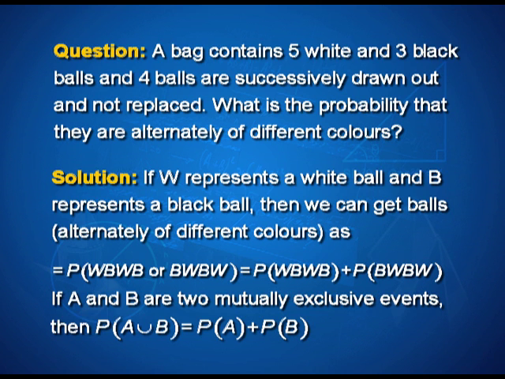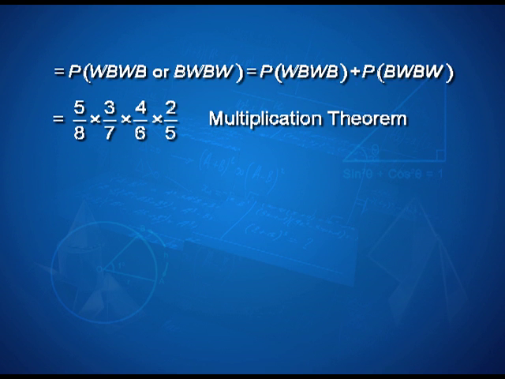Further, probability of white black can be written as the product using the multiplication theorem, product of probability of a white ball, which is 5 on 8, and probability of a black ball. There are 3 black balls, but the balls are not replaced.